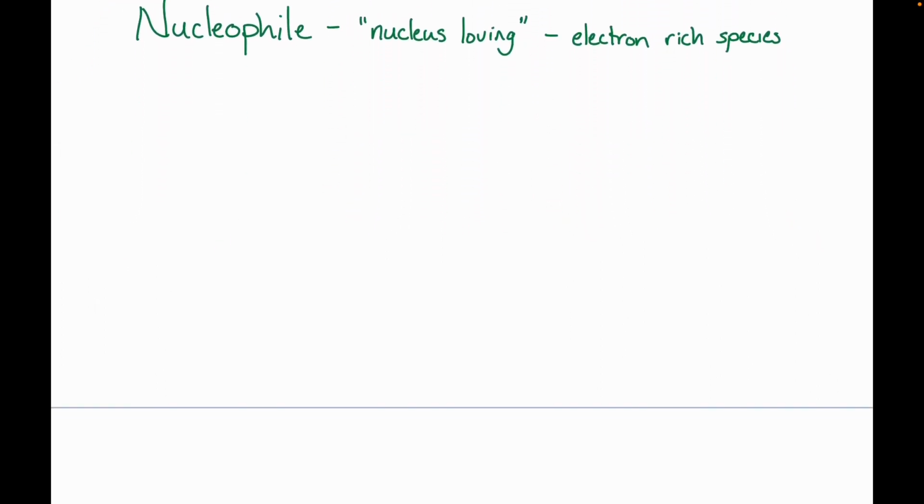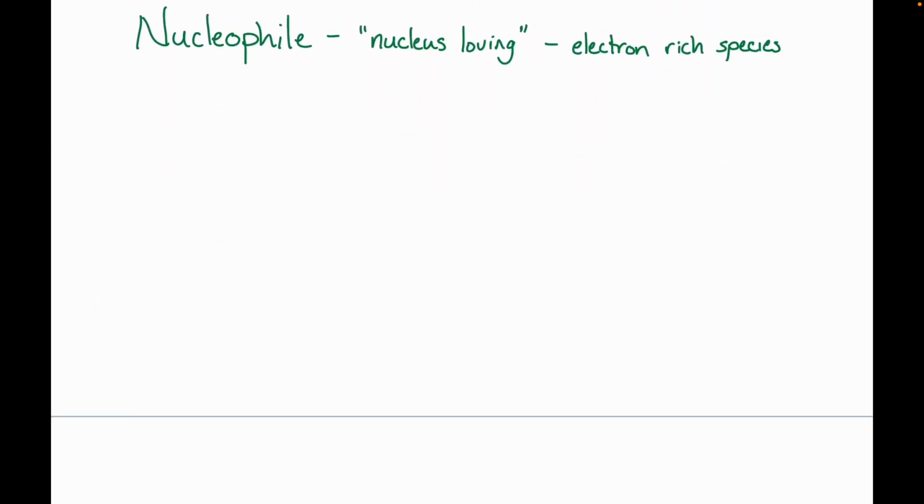I'm going to leave some space because we're going to talk a little bit more about nucleophiles here, but just to get through our definitions, an electrophile, that word comes from electron loving. So these are species that really want electrons.